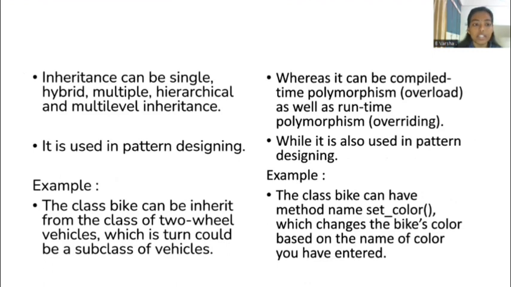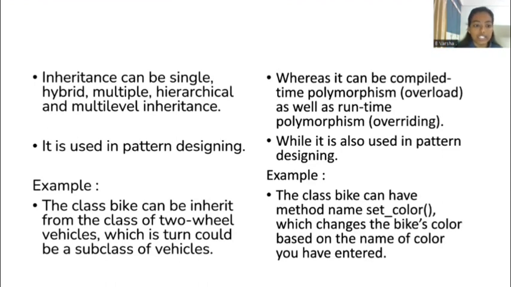Inheritance can be single, hybrid, multiple, hierarchical, and multi-level inheritance. Whereas polymorphism can be compile time polymorphism as well as runtime polymorphism. Inheritance is used in pattern designing. Polymorphism is also used in pattern designing.